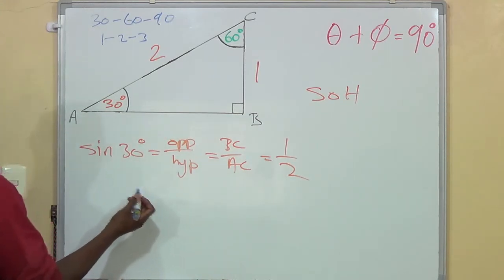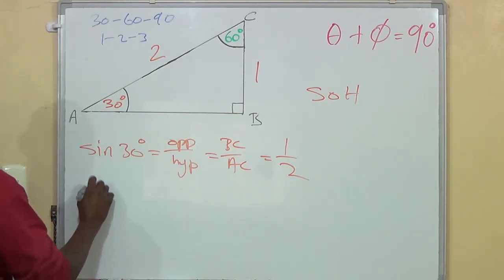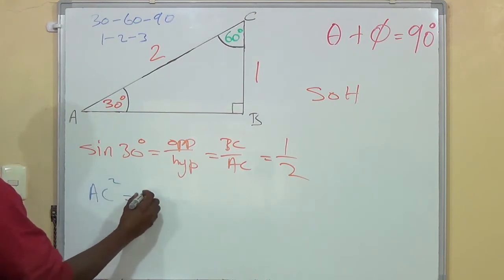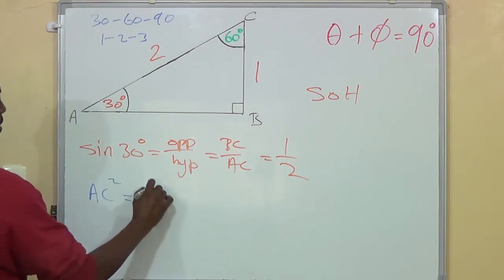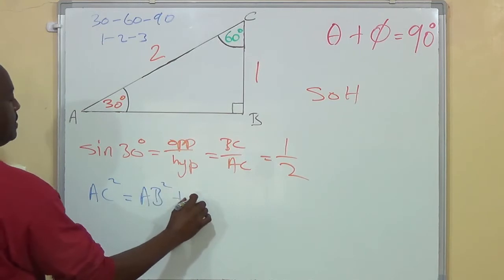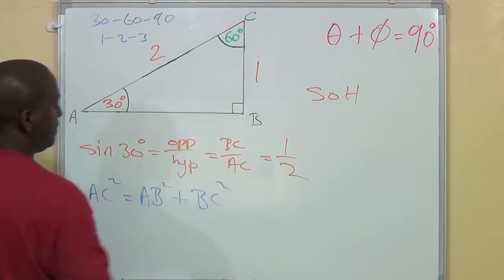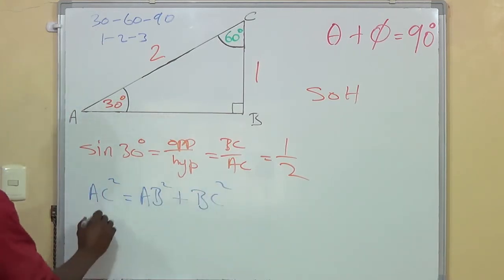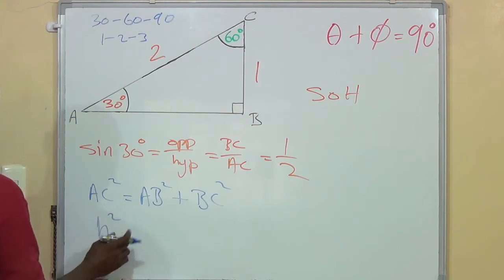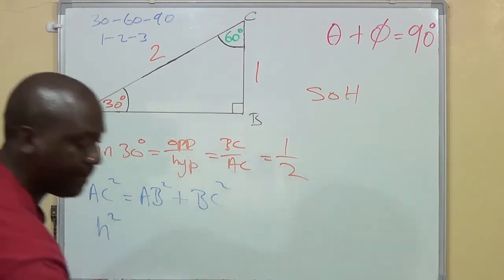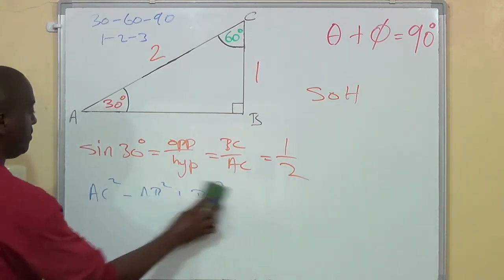So by Pythagoras theorem, you would say that AC squared, which is the hypotenuse, is equal to AB squared plus BC squared. Alright, you can write it if you want as hypotenuse squared. Sorry, I should have written that first, just to keep with the convention.